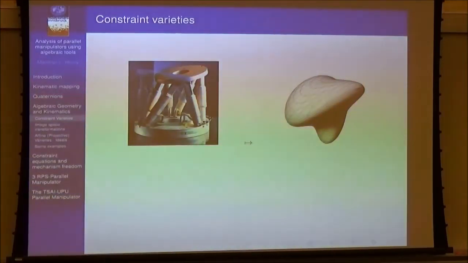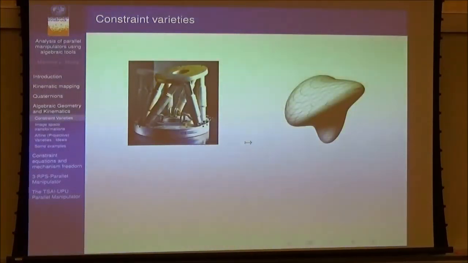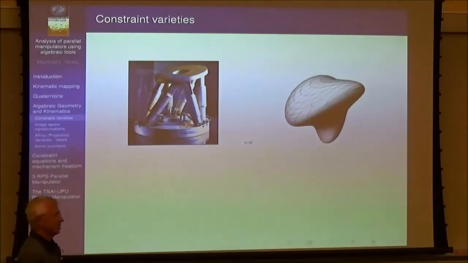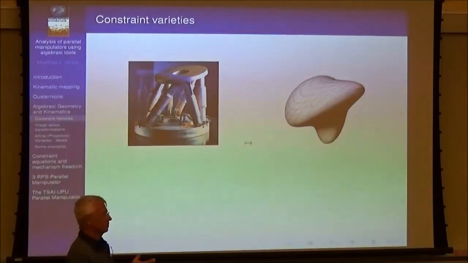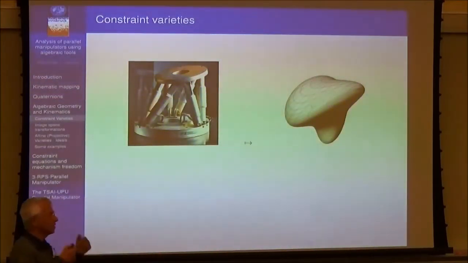If you look at this, for example, when I remove 5 of the 6 connections and just have 1 leg attached to the platform, what is the motion capability the platform can have? It's quite complicated. It has 5 degrees of freedom. So we could look at the constraint.